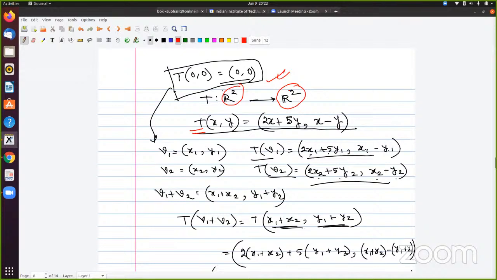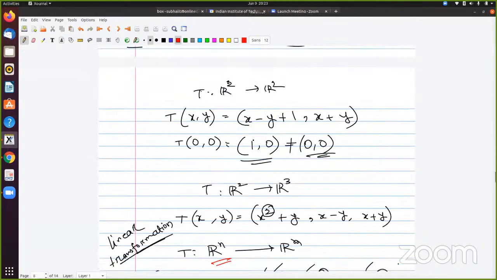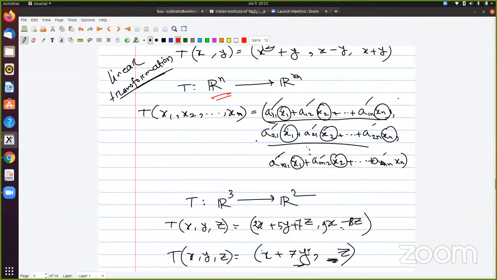Domain and codomain are sets, right? And that's how the mapping is defined. Take any element of R2, that is (x, y), and it is going to (2x plus 5y, x minus y). That is also an element in R2. R2 to R2. And you have shown one example of R3 to R2. Now I am giving you a general example for Rn to Rm.